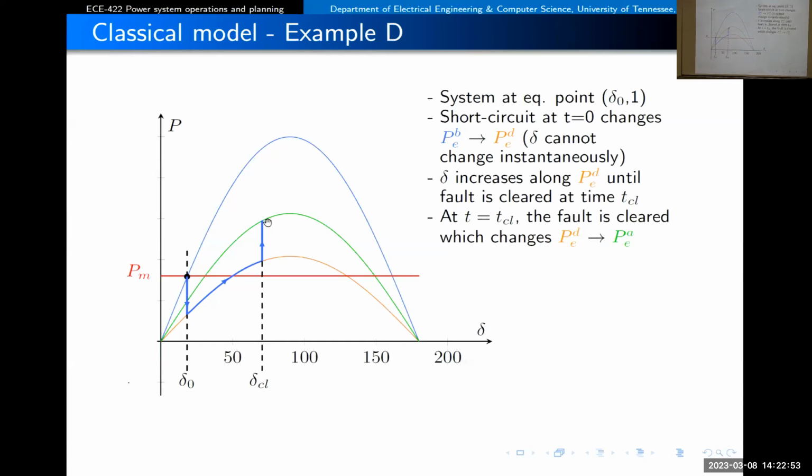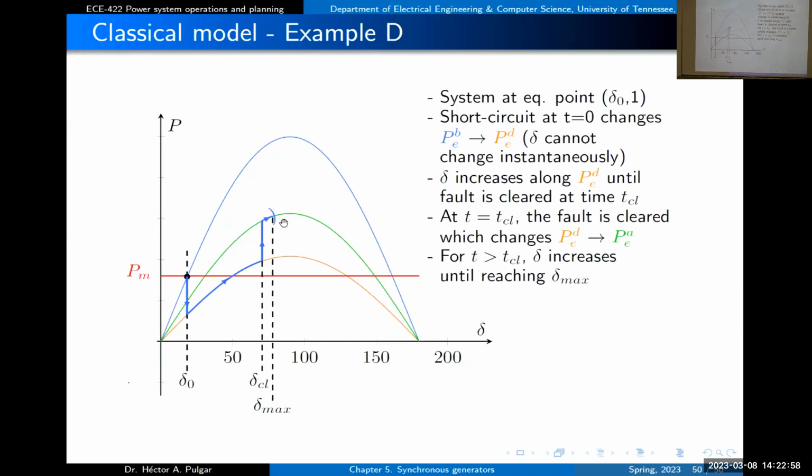So that increase in the angle at some point will stop. And let's assume that that is the case, and that is the maximum angle that this machine will reach. As the acceleration is still negative, that angle will start reducing and will move along the green curve.